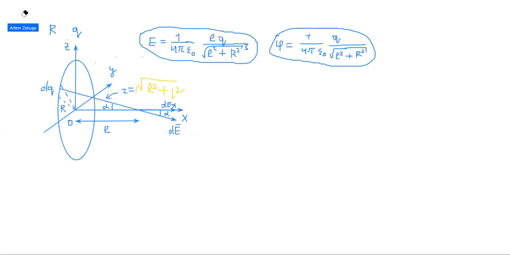Let's solve exercise number 5. The next exercise is number 5.